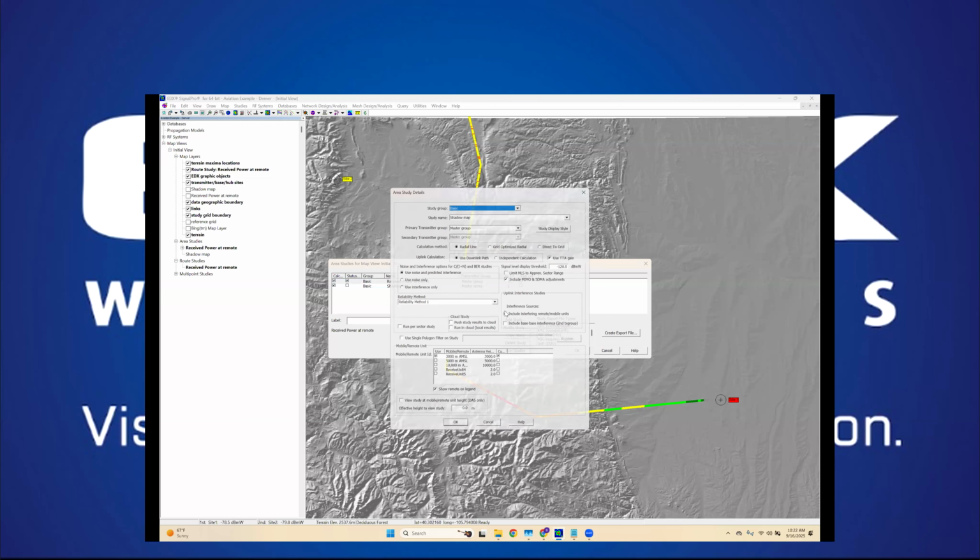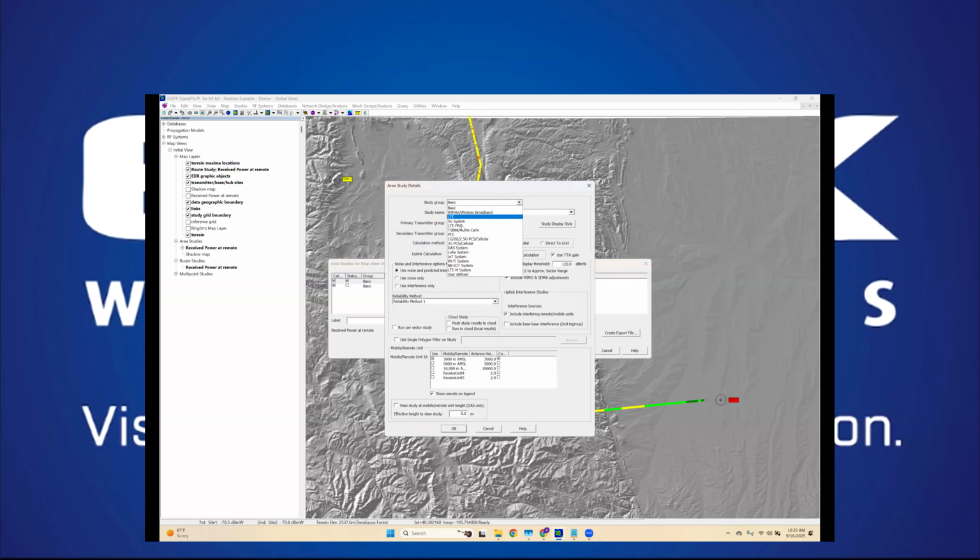So in this case, I'll go and add study, go into my 5G module, if I can find it with these glasses. And then here I've got the performance criteria for 5G. I've got my RSRP, my RSRQ, and crucially, my throughput on the uplink and the downlink.